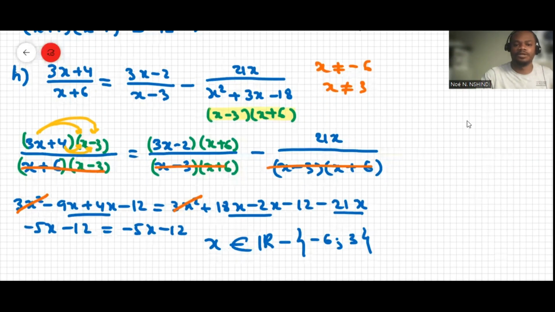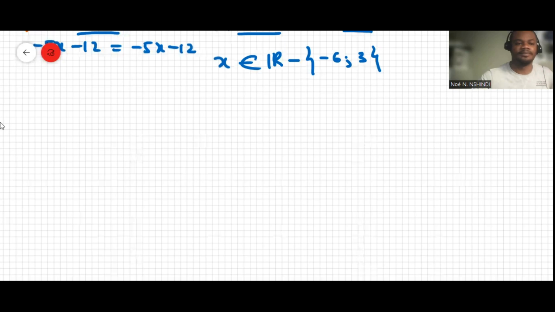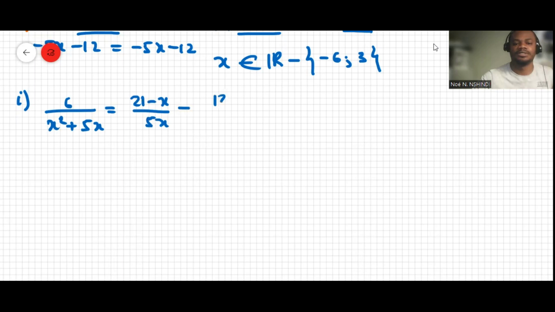Now we can do the other question, question I. And it says that (x squared + 5x) under 6, okay, equal to (21 - x) under 5x minus 18 over (5 + x).